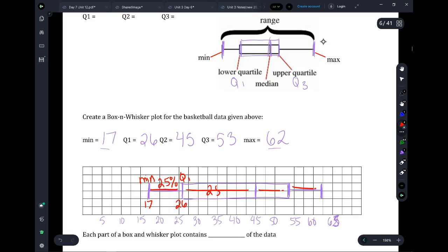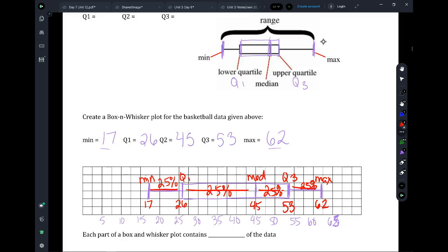Another 25% of the data is going to fall between the Q1 and the median, which is 45. Another 25% of the data is going to fall between the median and Q3, which is 53. And then the last 25% that totals 100% is going to fall between Q3 and the maximum point, which is 62. So that's how the information is sort of organized into quartiles or quarters.